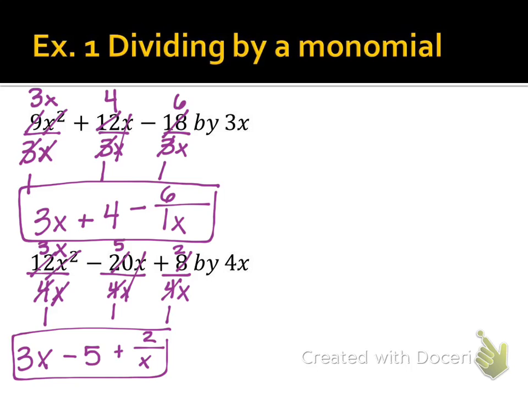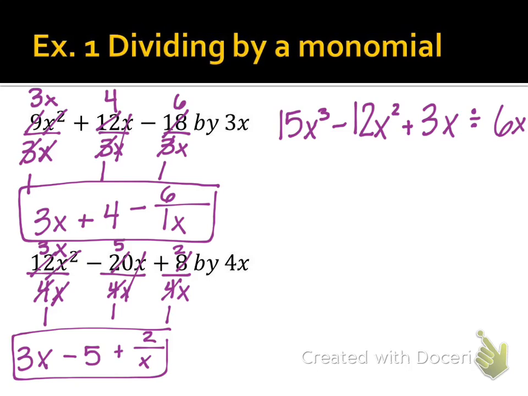Let's see. If you had 15x cubed minus 12x squared plus 3x divided by 6x. The divided by sign and the word by are basically the exact same thing, so don't worry if it's a little division sign instead of the word by.